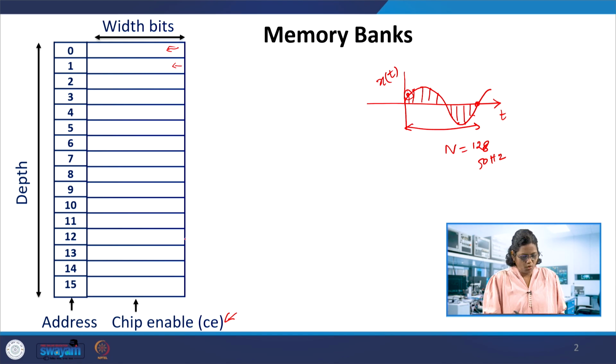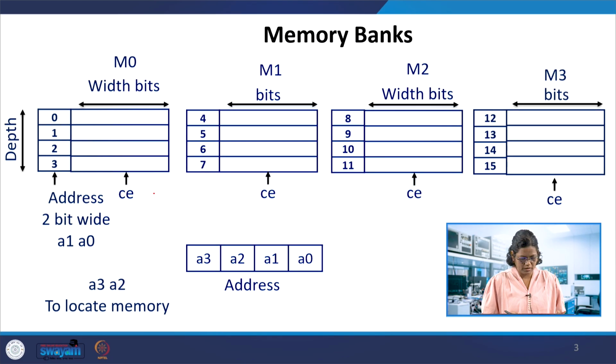Either we can have one memory or multiple memories constituting the whole data as one block. This chip select is just to select which memory we are going to choose. So let's see that here.